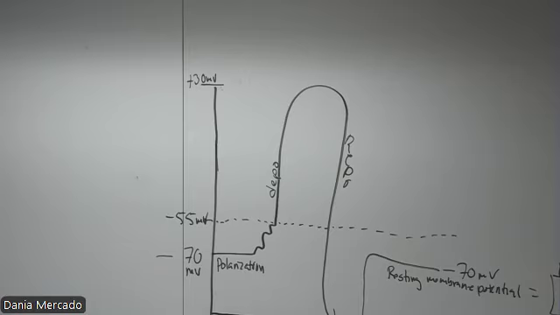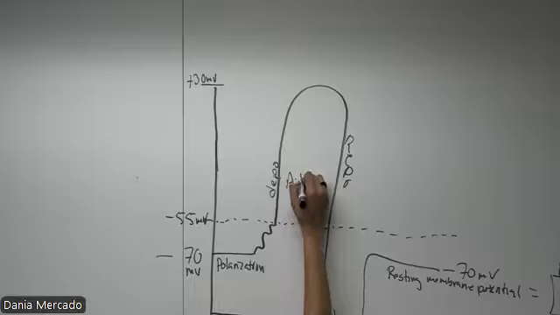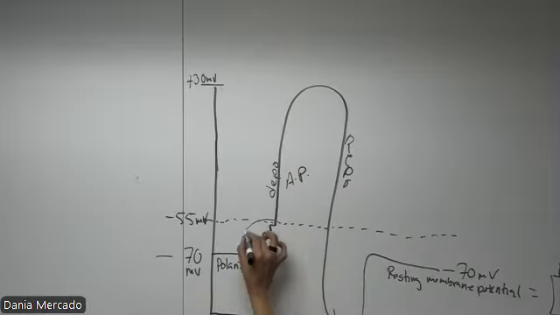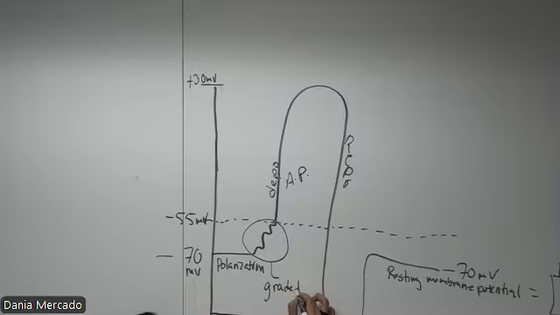So the action potential, we talked about it being all or nothing, right? All or nothing. So what we're focused on in this chapter more is this little piece right here, which is your graded potential, right?